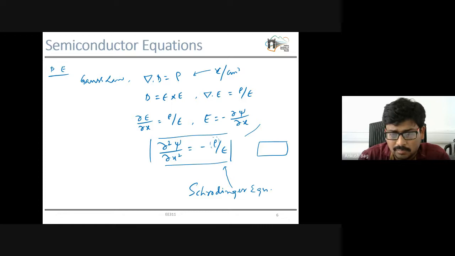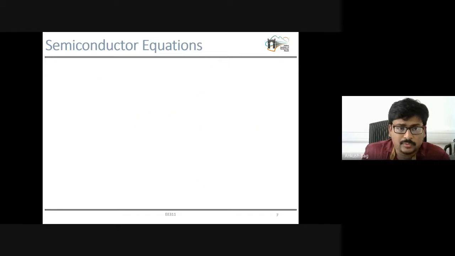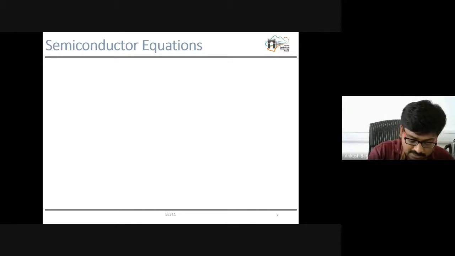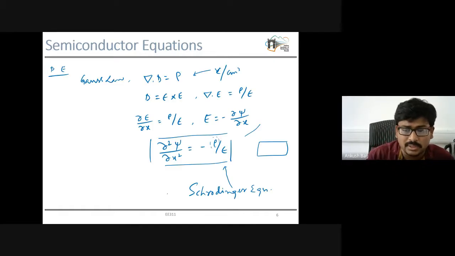If we go into detail, you need the help of Schrodinger's equation to calculate these charge densities. Following that, we have two other equations to understand the terminal characteristics. They are the continuity equations.